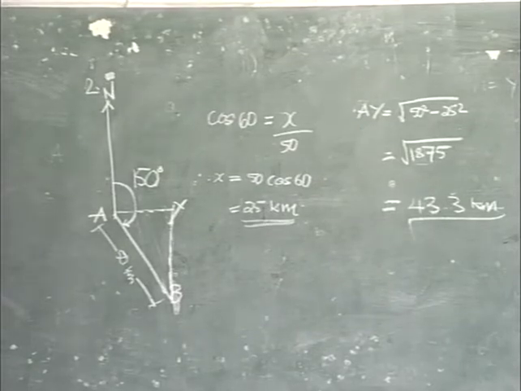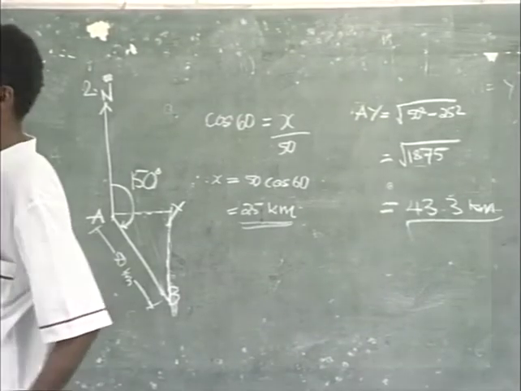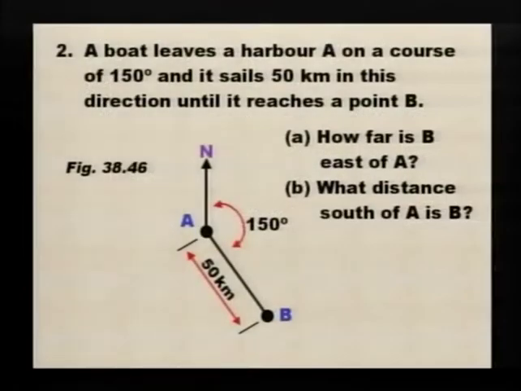The question reads, a boat leaves a harbor A on a course of 150 degrees, and it sails 50 kilometers in this direction until it reaches point B. How far is B east of A?